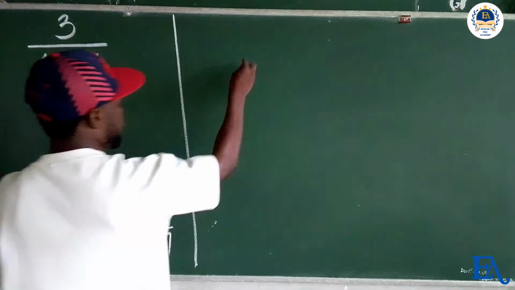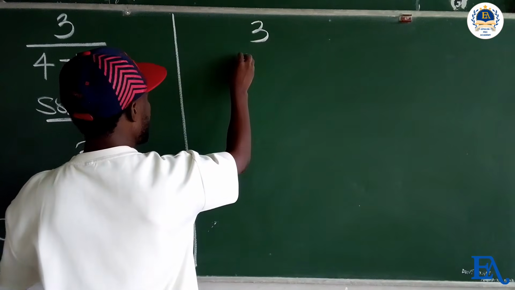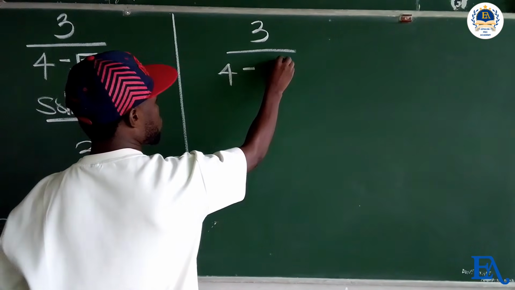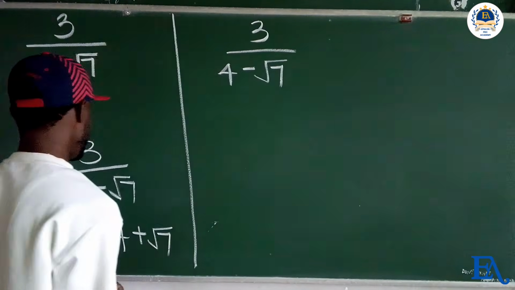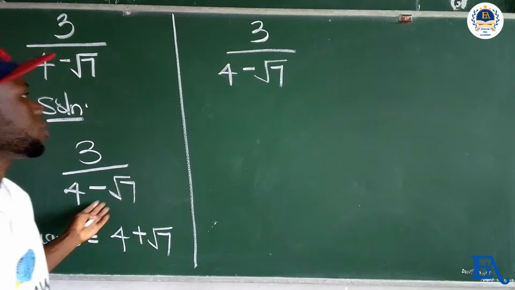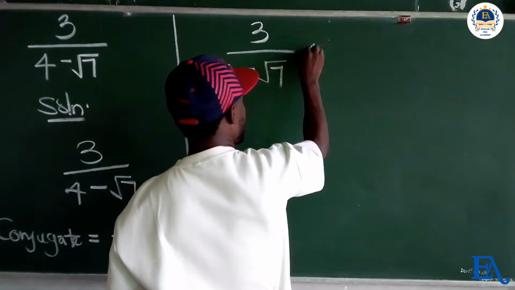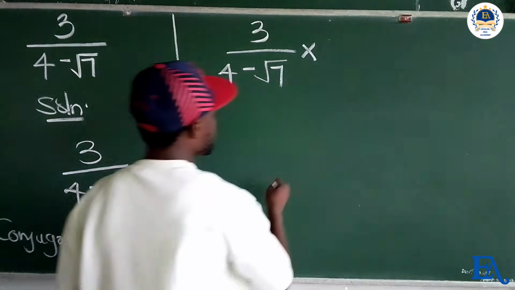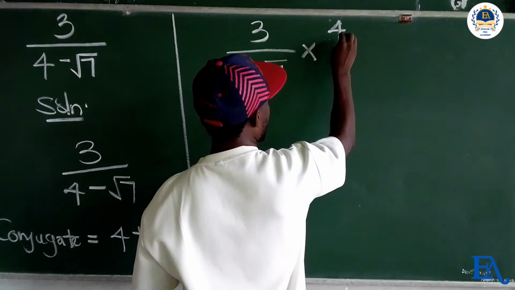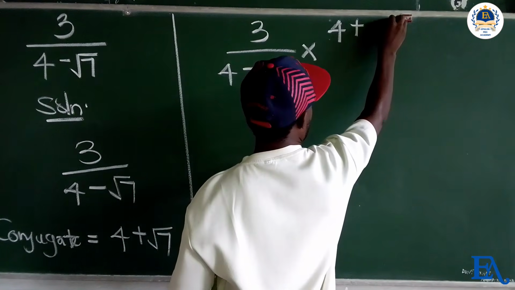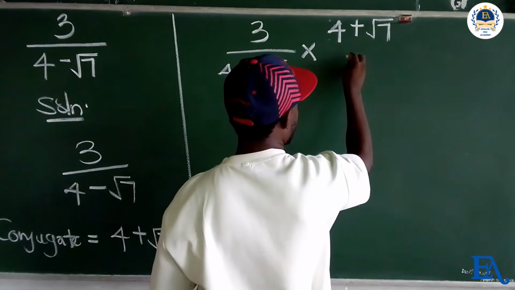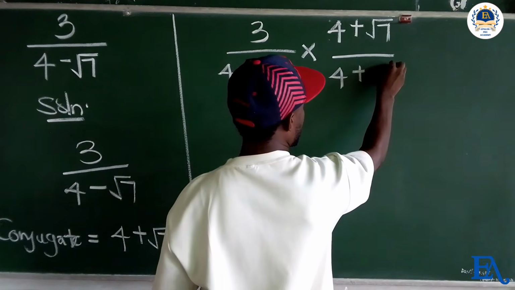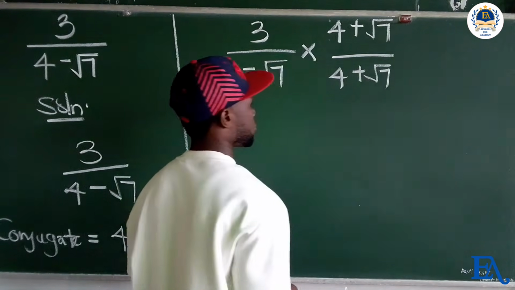Rewriting this, I have 3 all over 4 minus root 7. I'm writing exactly what we have here. Next, multiply by its conjugate, and the conjugate is 4 plus root 7, all divided by 4 plus root 7.